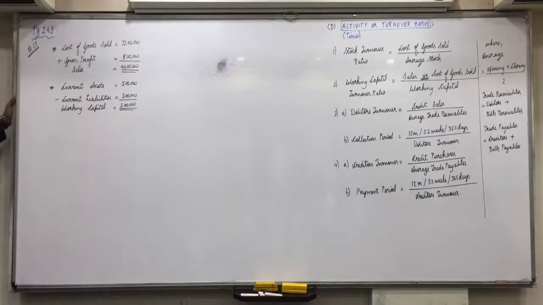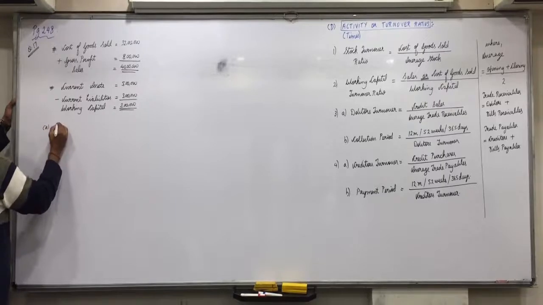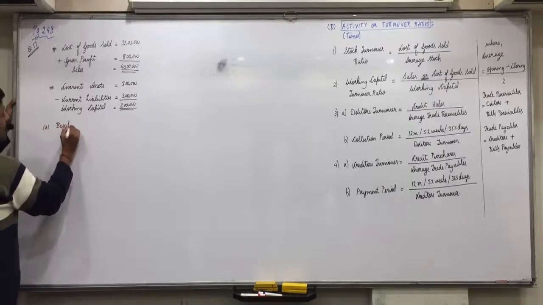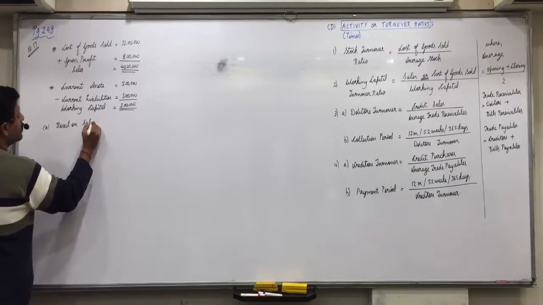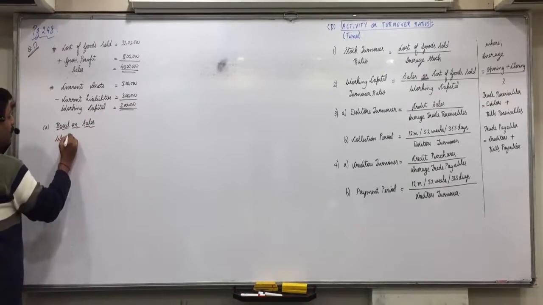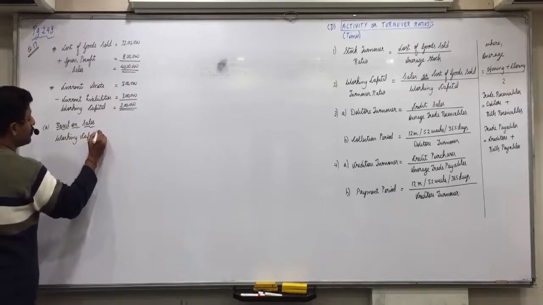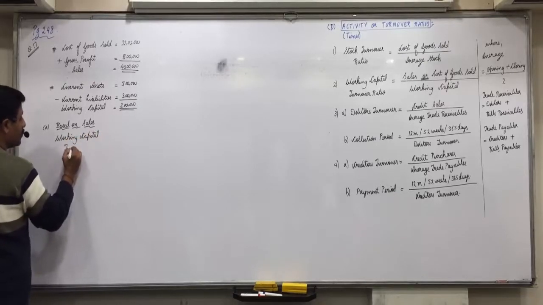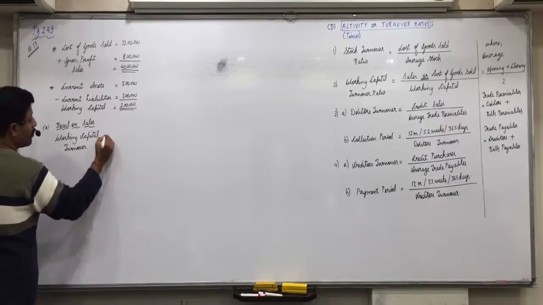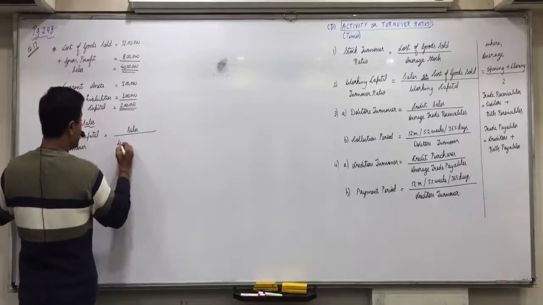Is everyone clear with this? Now two times we have to apply the formula. First, based on sales, working capital turnover is equal to sales divided by working capital.